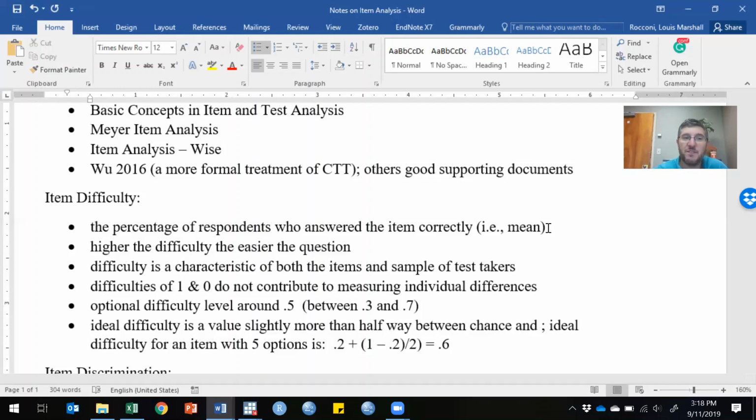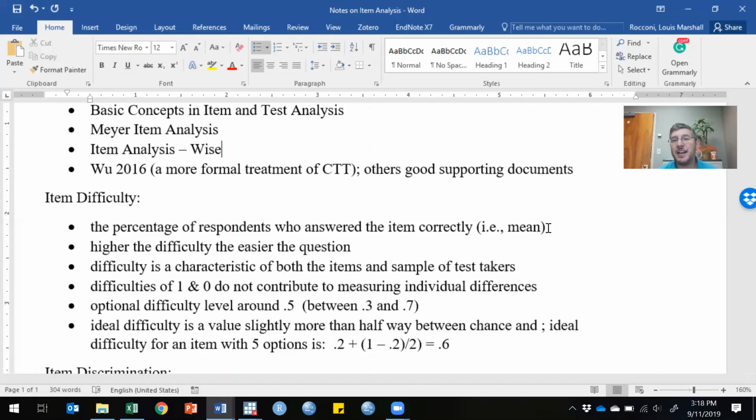We're really looking for items with difficulties around 0.5. So around the 0.3 to 0.7 range is typically what we're looking for. They typically say the ideal difficulty is a value slightly more than halfway between chance and 1.